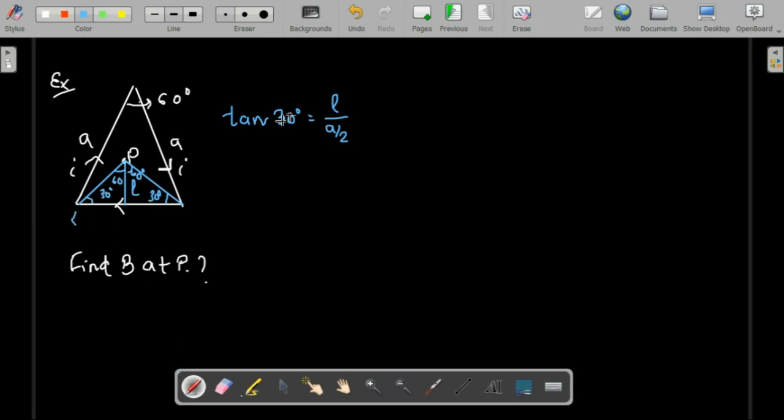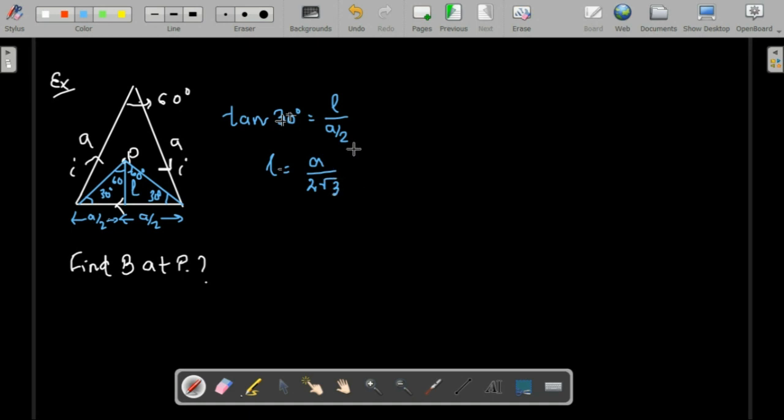This is my A, entire length is A, so this is A by 2, and this is also A by 2. So in that way, we can find out my L. Tan 30 is 1 by root 3, and there is already a 2 there, so it will go on top. So I can find out my L. It would be A, take it here, cross multiply by 2 root 3. So now I know my perpendicular distance, right?